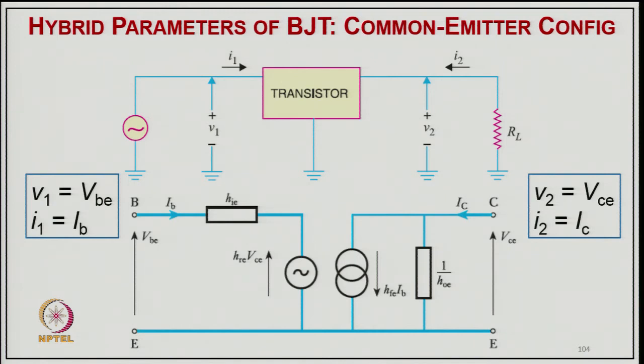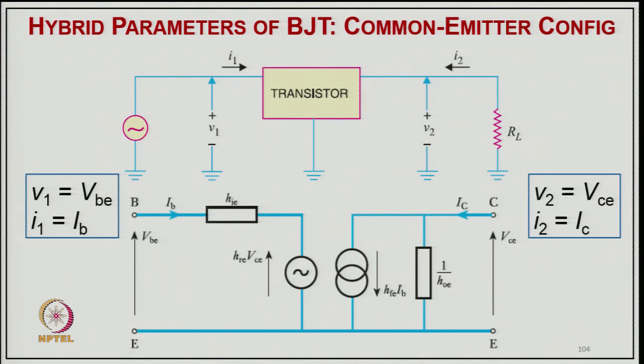So, V1 is VBE, the voltage which we apply across the base to emitter junction, and I1 the input current is the base current, and the output is the voltage VCE across the load, and I2 is the collector current which flows in the output. And this is the equivalent circuit in terms of H parameters. So, here we are applying VBE, the current drawn is IB, the base current, and this is the input resistance HIE, which we define, and then this is the dependent voltage source HRE into VCE, that is in terms of output voltage V2.